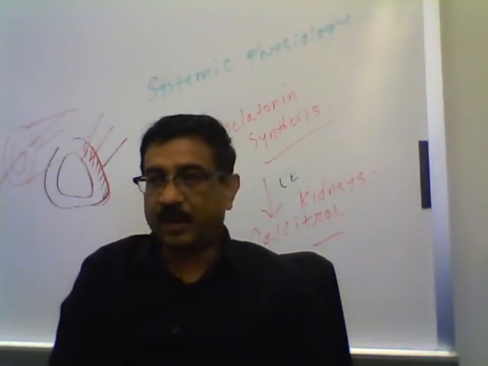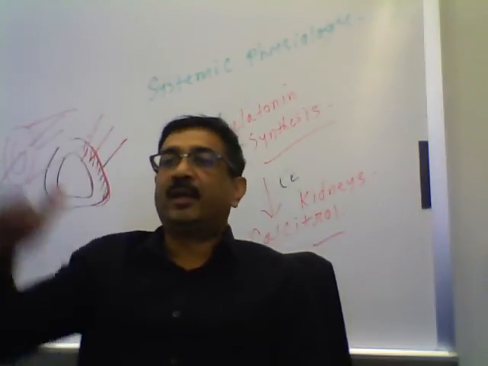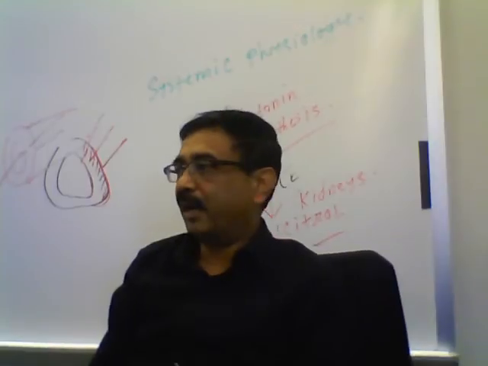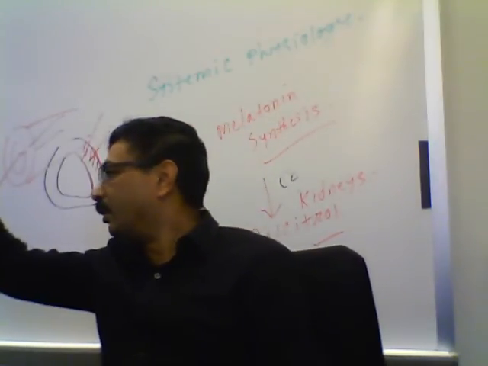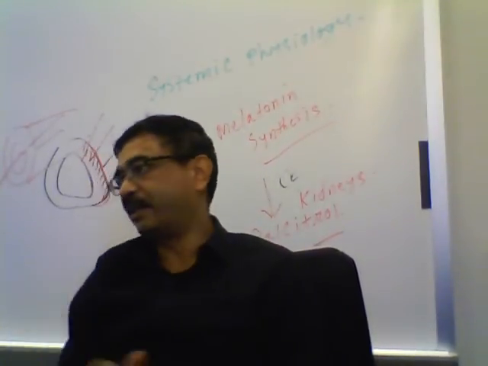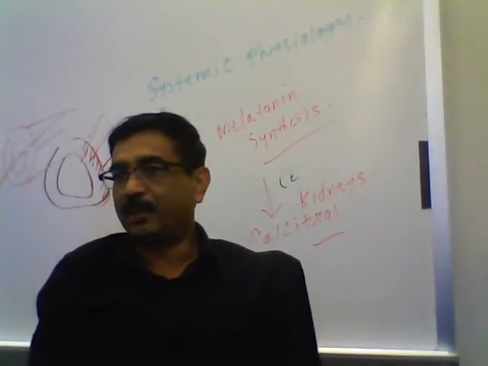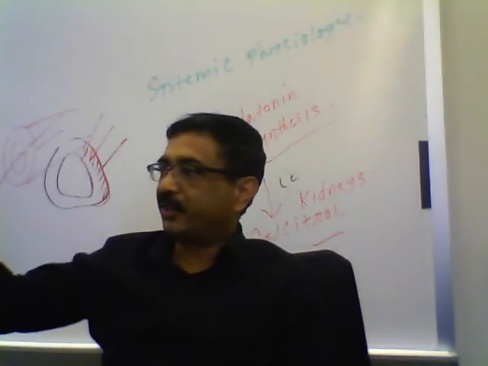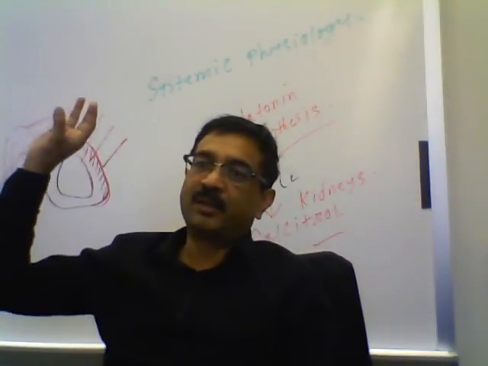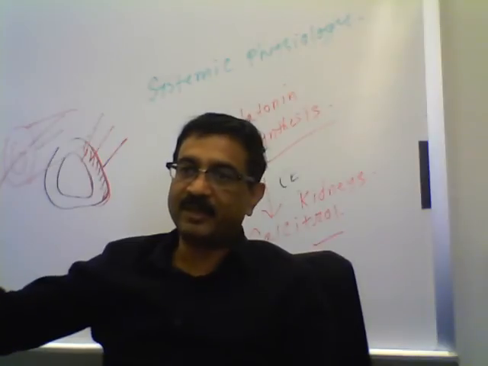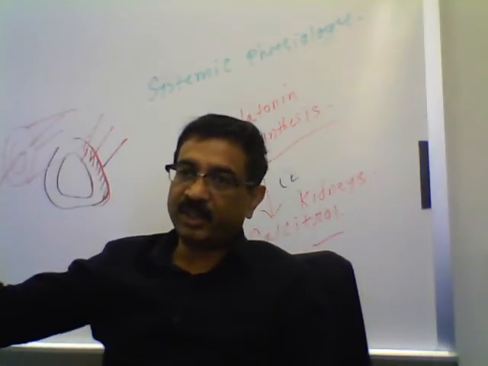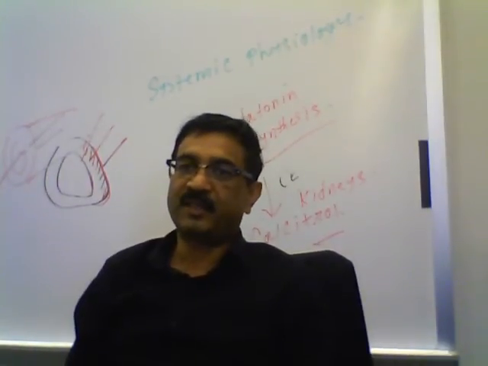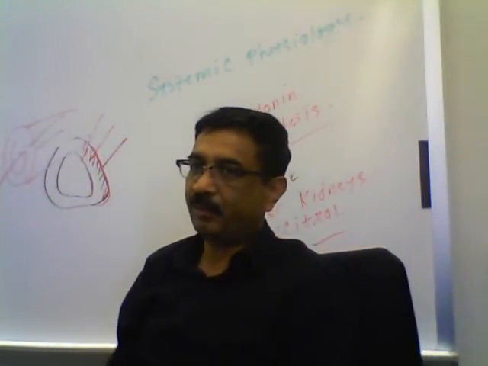Another function of thyroid is that it lowers the calcium in the blood. So regulation of calcium, you can also write that. Two important functions I have mentioned: one, it controls the metabolic activities; number two, regulation of calcium, by lowering the calcium. Decreases the calcium in the blood.